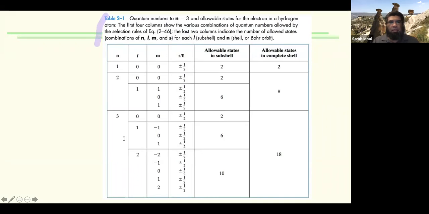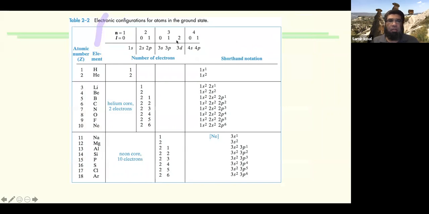And this, when extended to bigger atoms, we follow the same process or same approach.